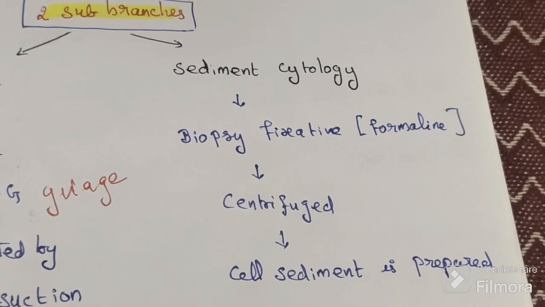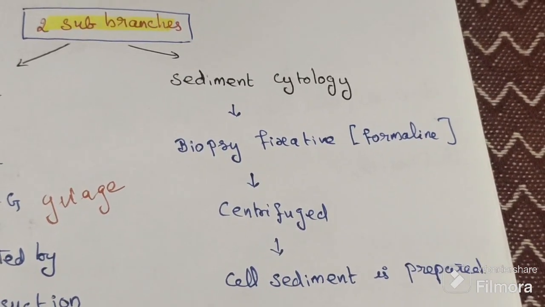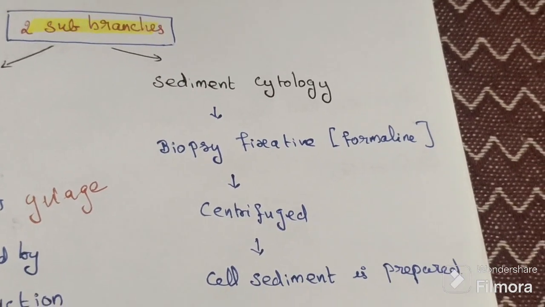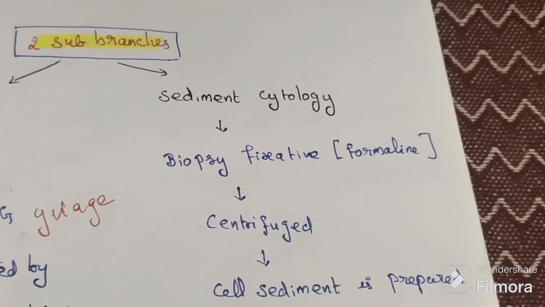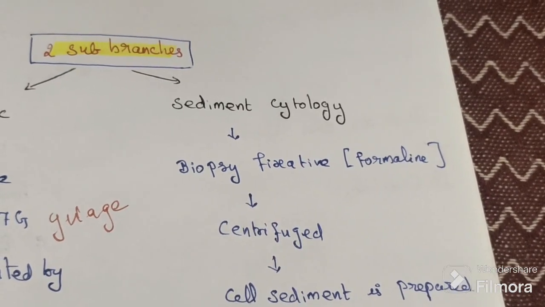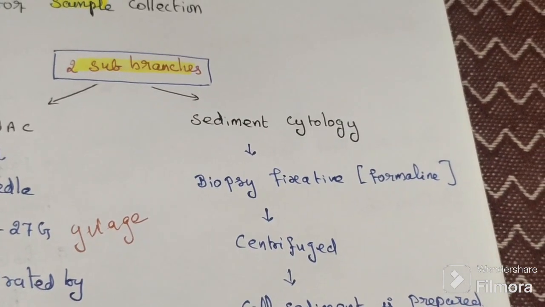Surgeon or operative person has taken out the tissue and they kept them into that fixative, that means formalin. Now the biopsy is kept into that fixative. We are going to take out that fixative.